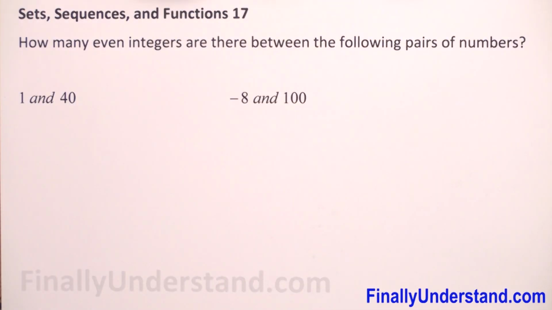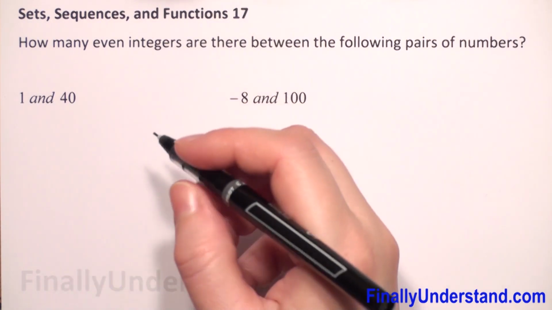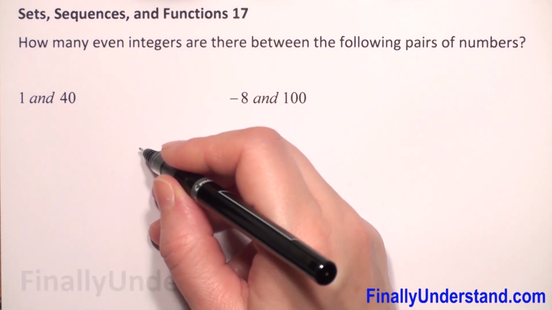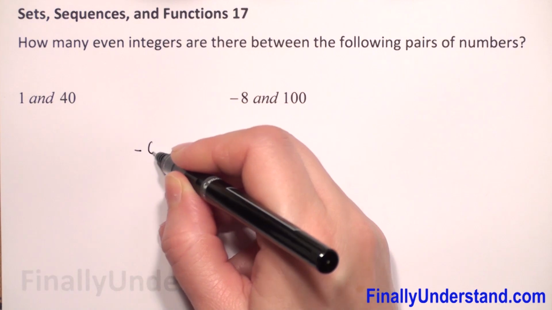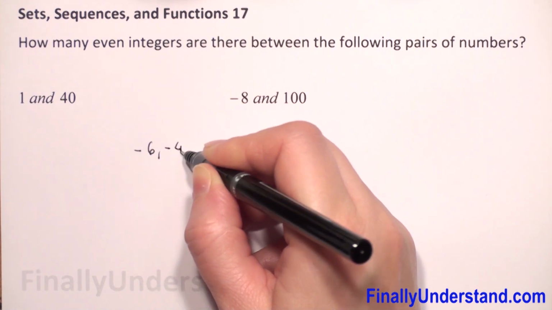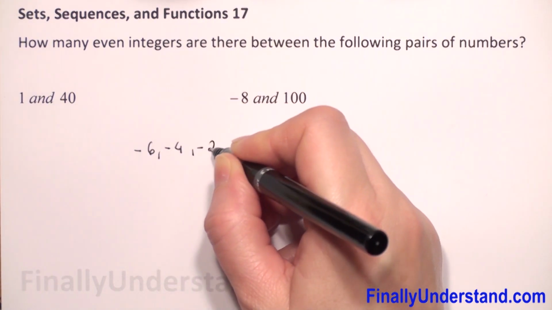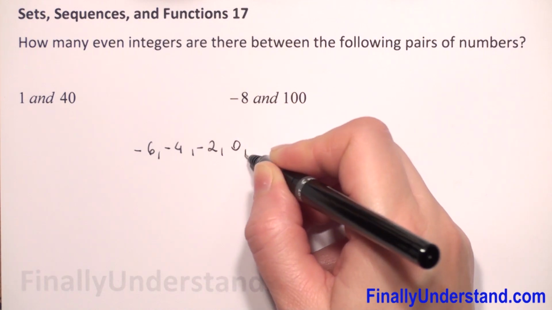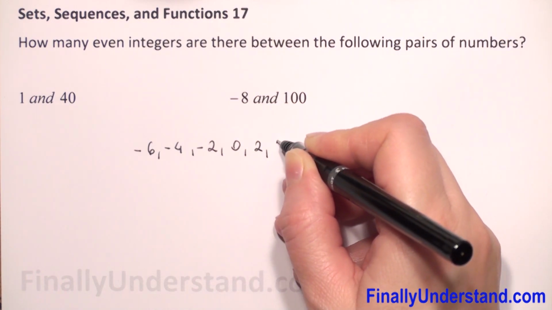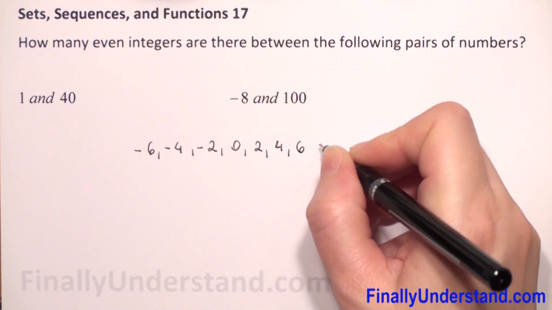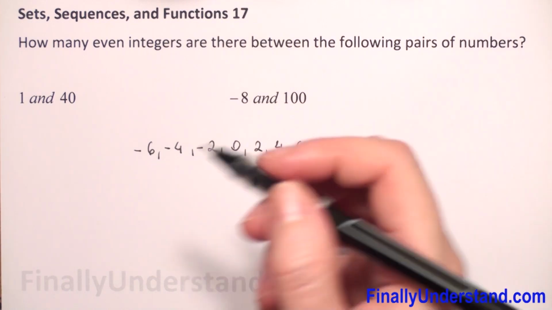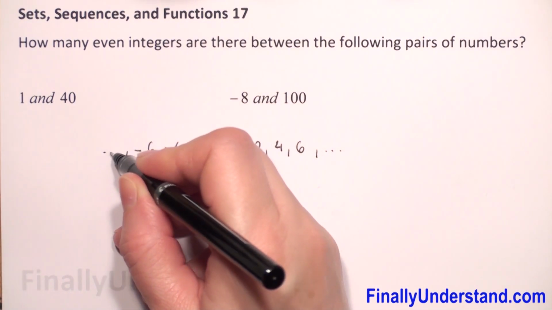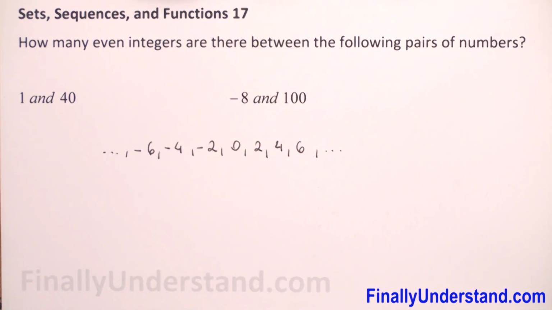We have to find how many even integers there are between the following pairs of numbers. First, we know that an integer is even if it's twice some integer. So it will be numbers like negative 6, negative 4, negative 2, 0, 2, 4, 6, going from negative infinity to positive infinity.